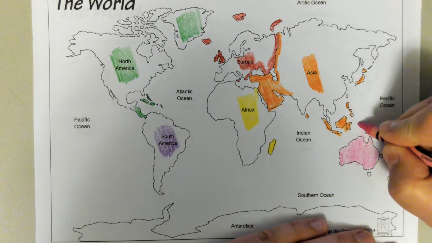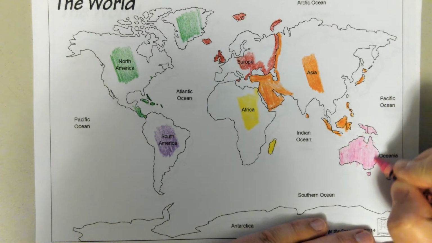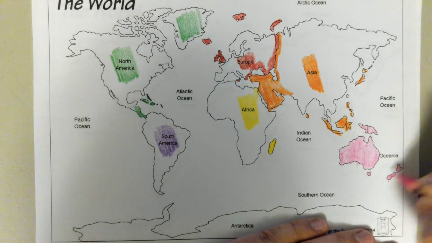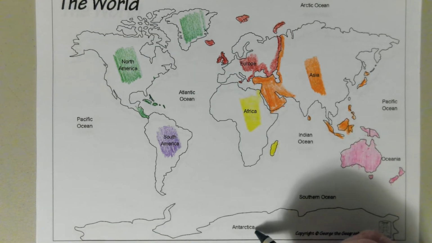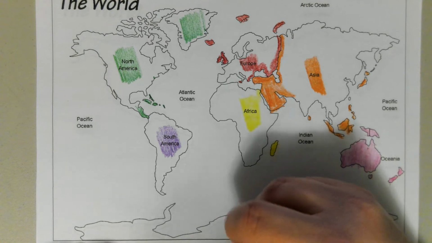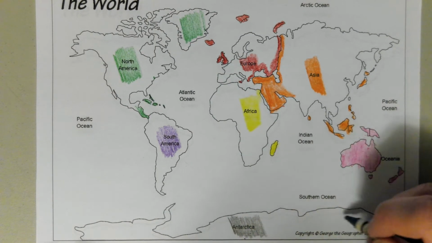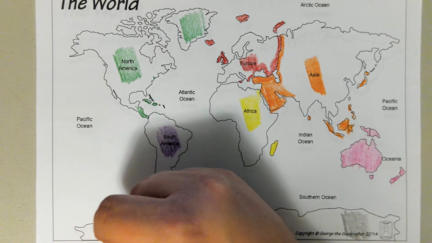Now, these islands surrounding Australia, we're also going to color pink because they're part of Oceania. Okay? The last continent we're going to color is Antarctica, which is down here. Antarctica is going to be gray. So this is all Antarctica.